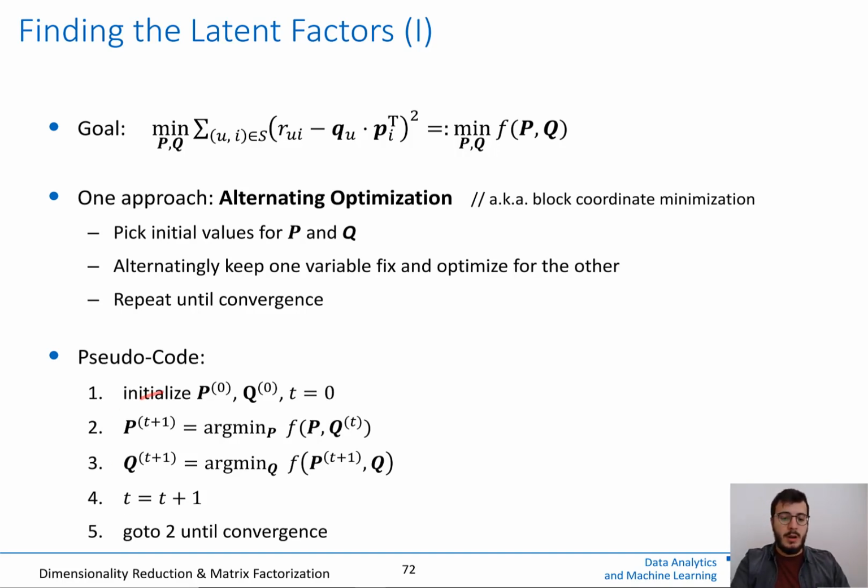So in pseudocode, how this looks like, again, we initialize P0, Q0 at the 0th iteration, and then in each iteration, we first keep Q fixed.